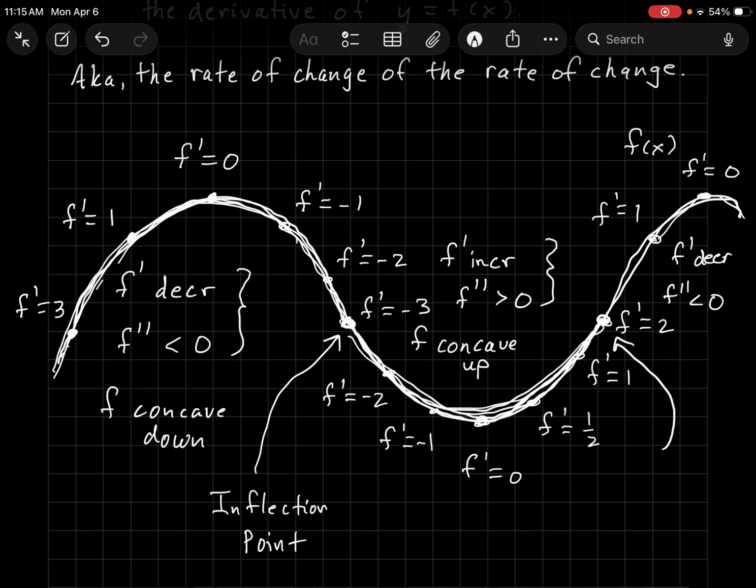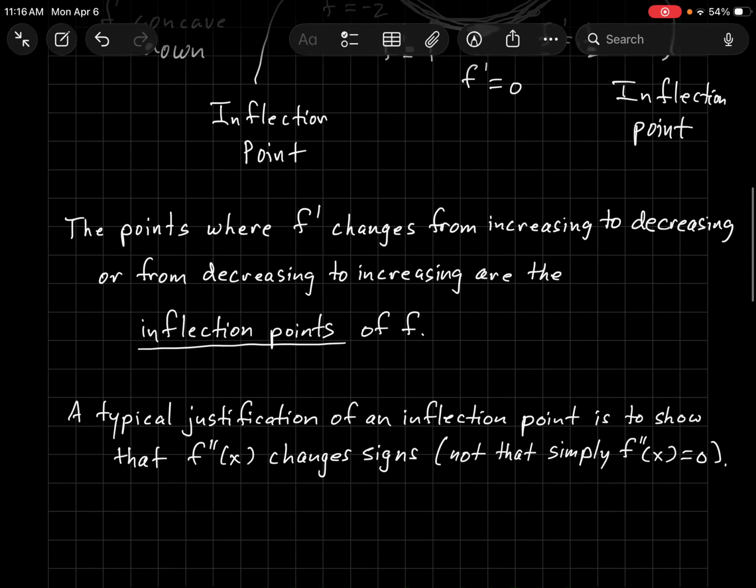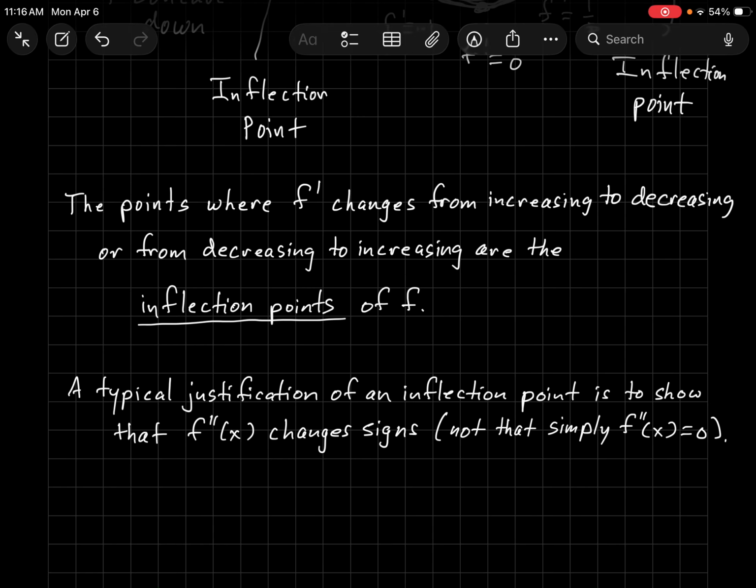There's one there, and we have another one on the right side of the graph. To formalize it, the points where f prime changes from increasing to decreasing or vice versa are the inflection points of f.